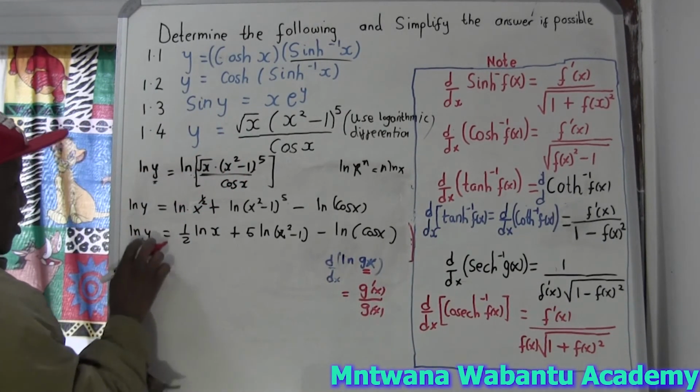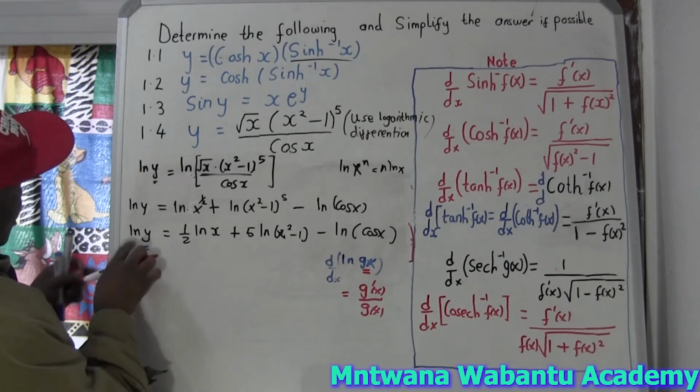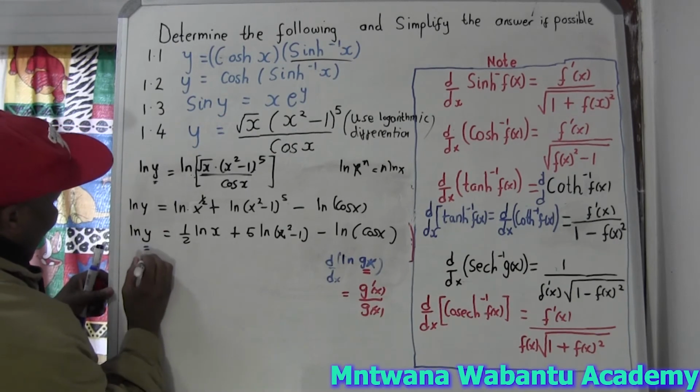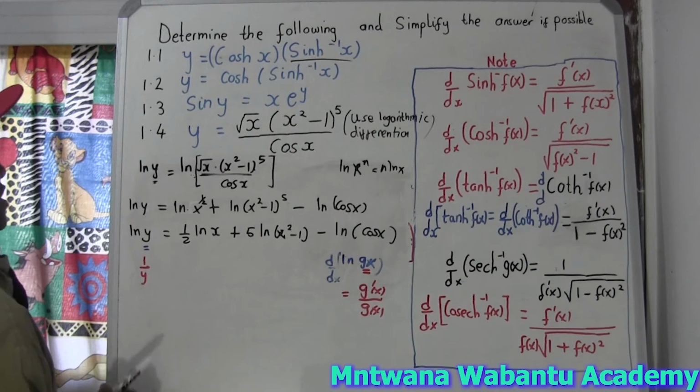When I differentiate, it's going to be dy dx for each one. When you differentiate y, you get 1 over y. But what did you differentiate? We differentiate y.